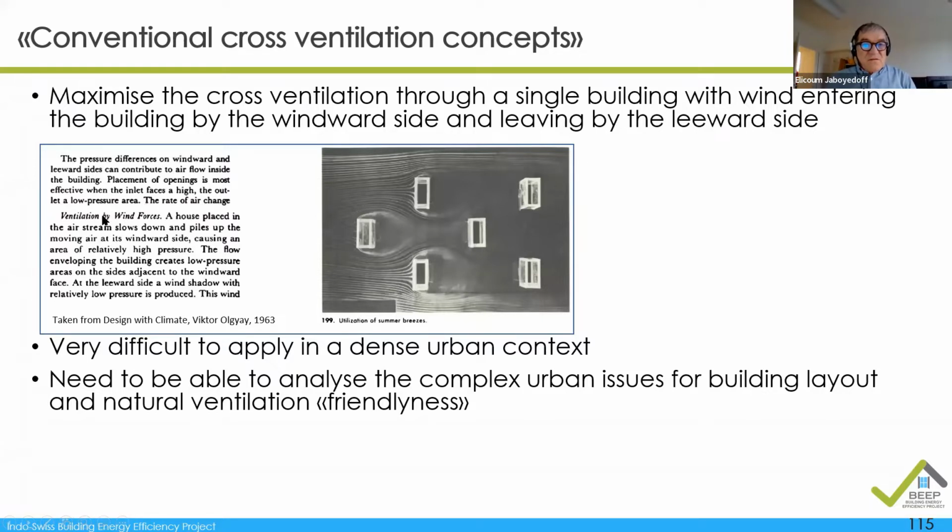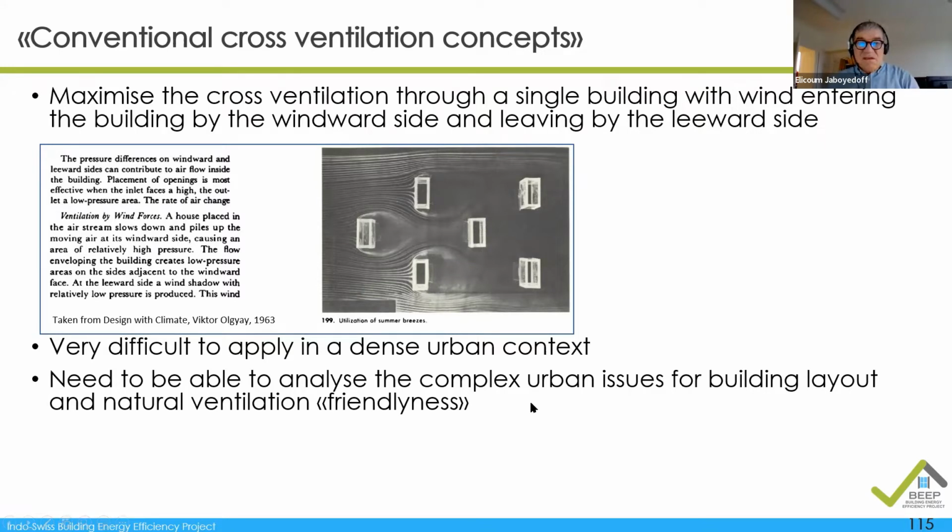If you think of this concept of windward and leeward, it means you need pressure on one side and negative pressure on the other side, which will give you the force for cross ventilation. It is, of course, very difficult to apply in a dense urban context like we have in places like India.